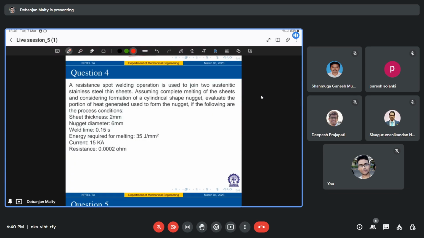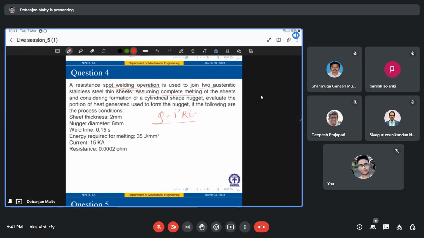This is a question from resistance spot welding, and I think I have already discussed in my first lecture for resistance spot welding what will be the heat flux. So you know that Q equal to I square RT for a resistance spot welding, right? Now in your resistance spot welding operation, you are using it to join some steel thin sheets, assuming complete melting.